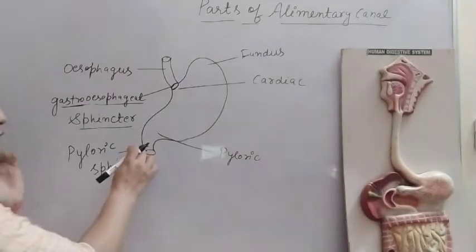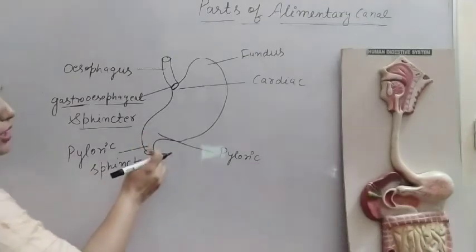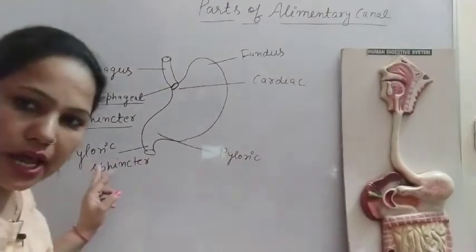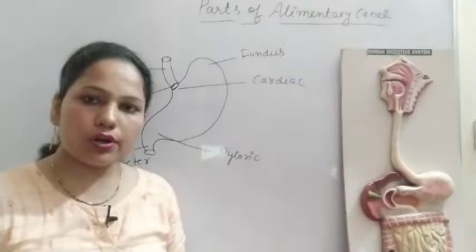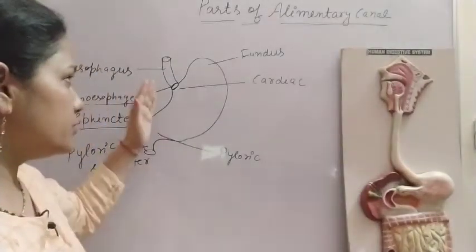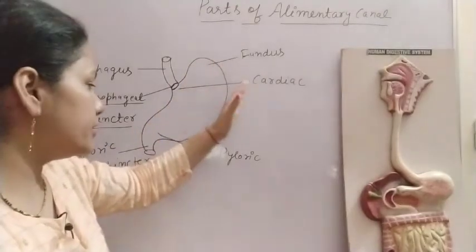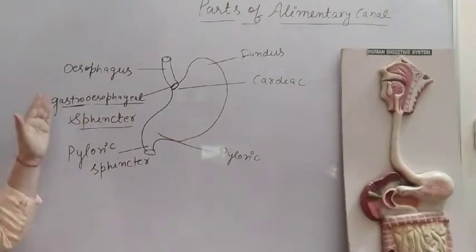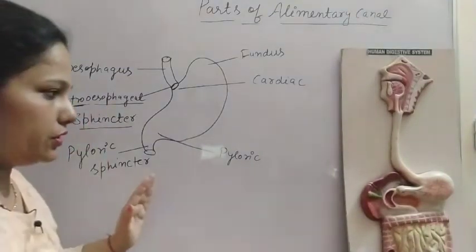Here also one valve is present, and that valve regulates the opening of the stomach into the first part of the small intestine, and it is known as the pyloric sphincter. So you understood the next part, that is the stomach. This stomach has three parts: fundus, cardiac and pyloric, and two sphincters are there: the gastroesophageal sphincter and the pyloric sphincter.